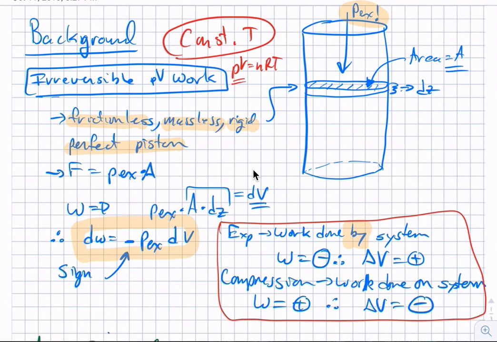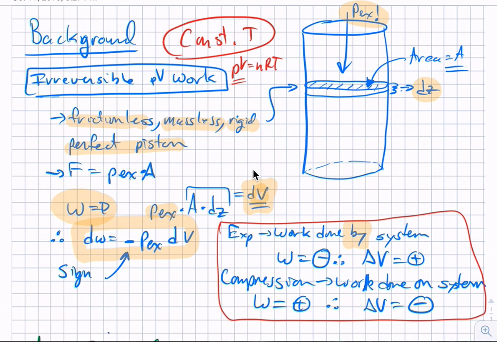And if that pressure causes an infinitesimal change in the z position, we'll call it dz, then we're going to think about the work being the pressure external times the area of that piston times the infinitesimal amount of vertical distance it's traveled, and that volume it sweeps out in that dz is going to be the change in the volume of that system.